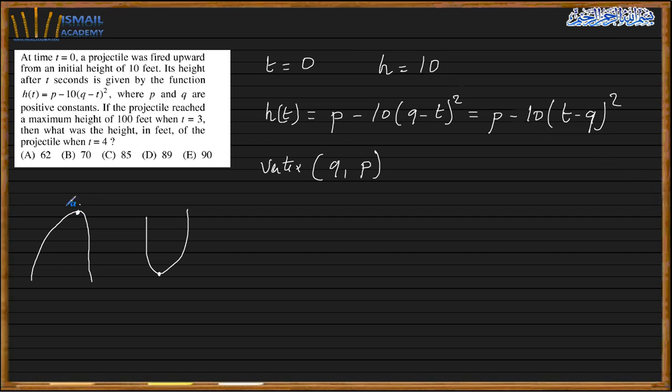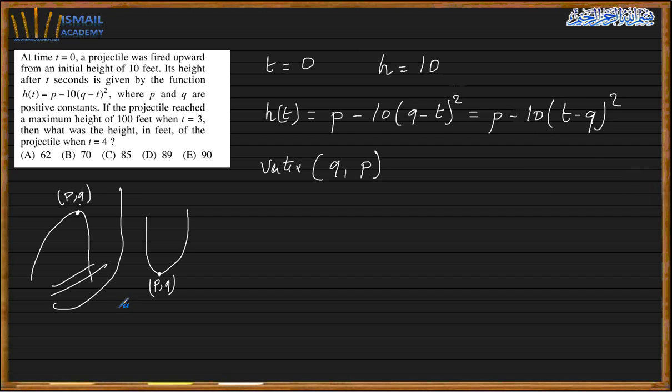I'm talking about (p, q) or (q, p), depending on the type of function. In our case, we have that type of function because the coefficient of the squared expression is negative. So we will have this type of graph.